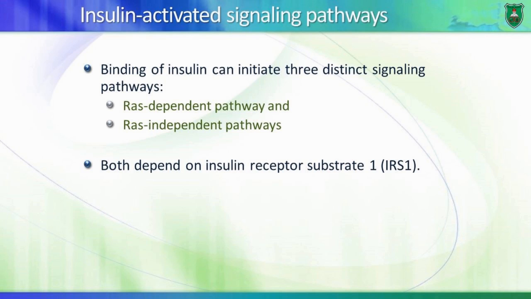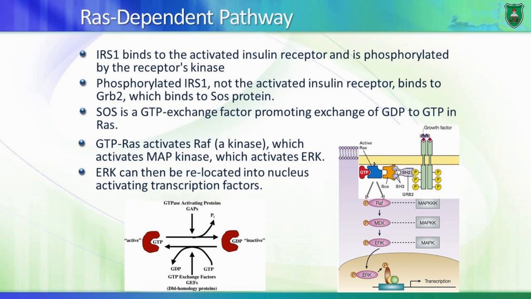Now, both of these pathways, whether RAS dependent or independent, depend on the IRS1, the insulin receptor substrate 1. So that's the RAS dependent pathway. What happens is insulin binds to the receptor, again, dimerization, autophosphorylation, and that allows for interaction with a molecule like GRB2 right here.